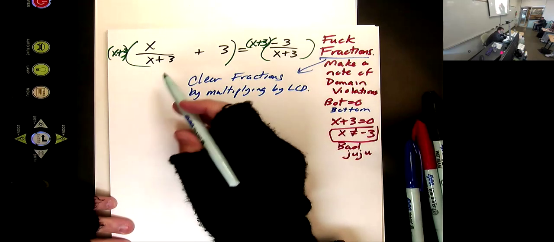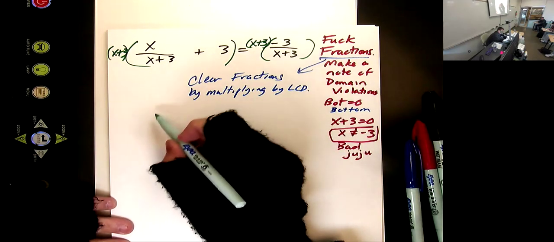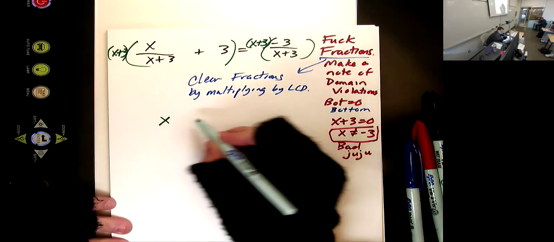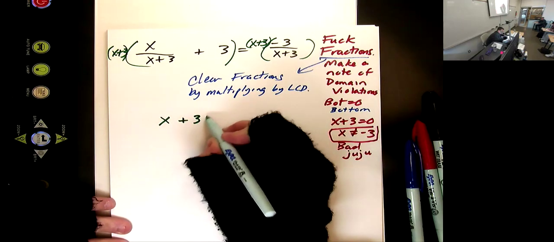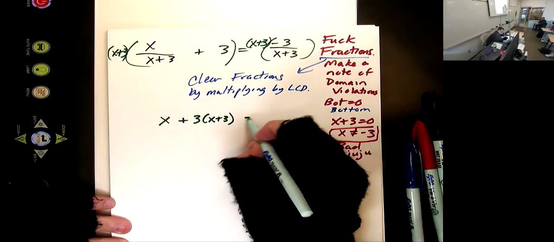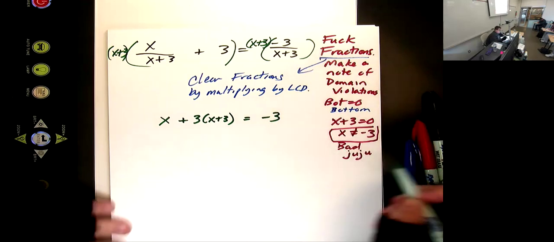On the left side, the x over x plus 3 just clears the fraction. I have x. The 3 doesn't have the denominator, so it gets it on top. And the right side just clears the fraction. I'm left with -3.